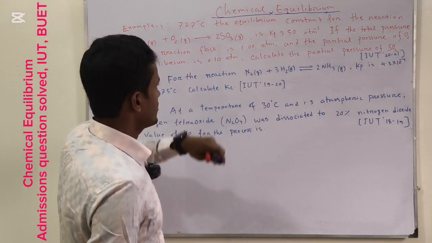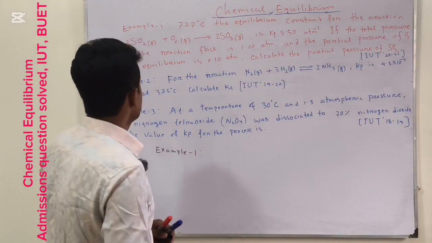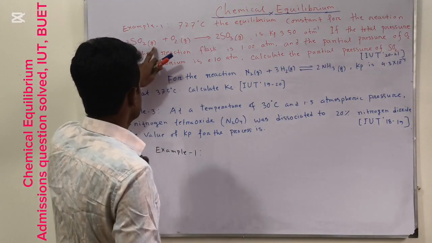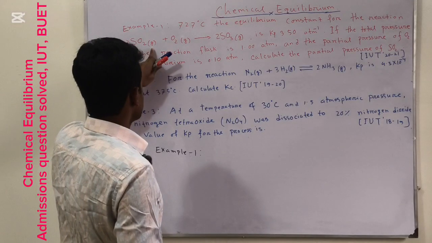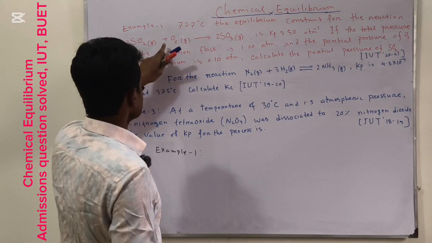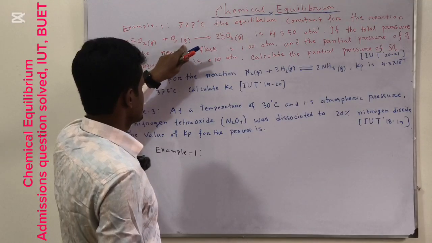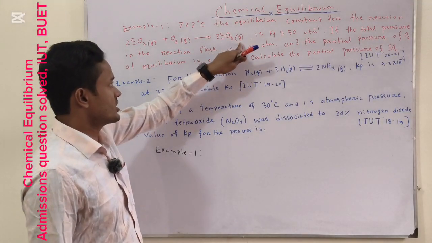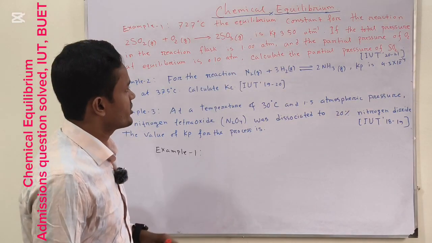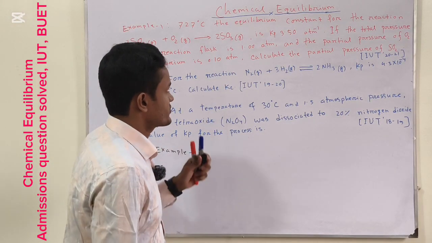At 727 degrees centigrade, the equilibrium constant for the reaction sulfur dioxide gas reacting with oxygen gas to produce sulfur trioxide gas has a Kp value of 3.50 per atmosphere.